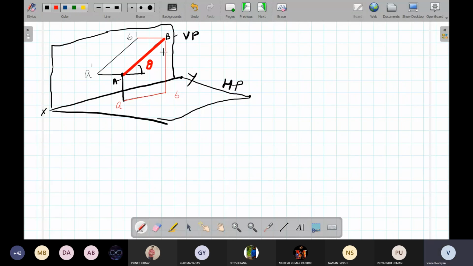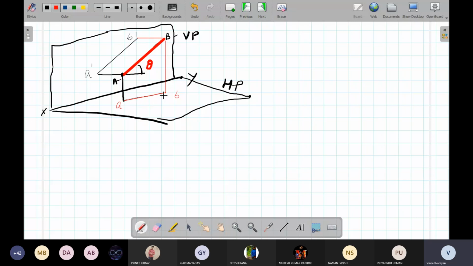But its projection on the vertical plane is the true length because it is parallel to the vertical plane. Its projection on the horizontal plane is shorter, which we call the apparent length.